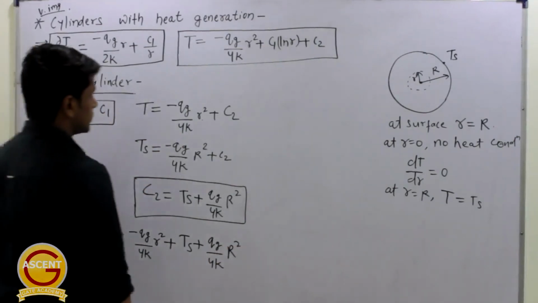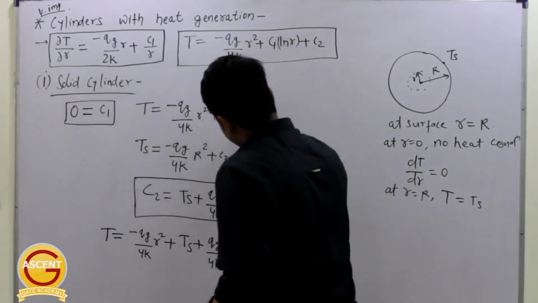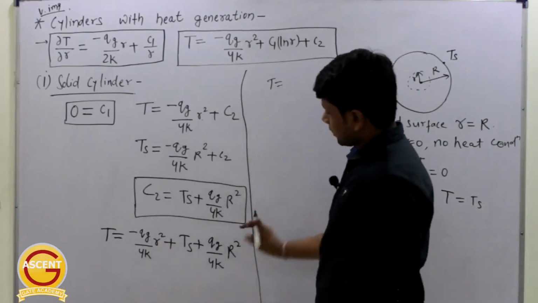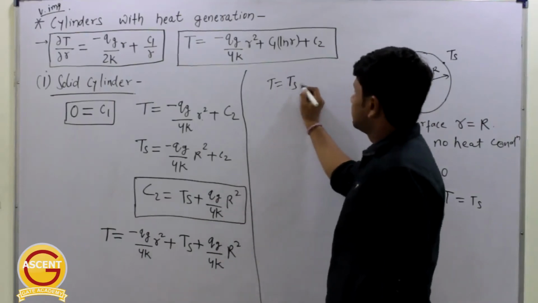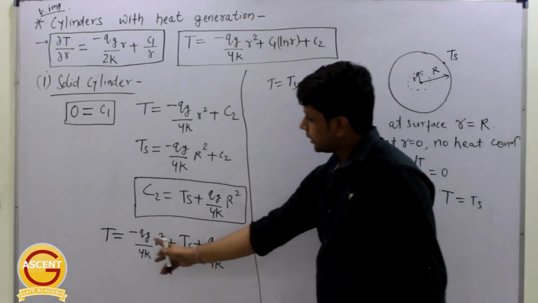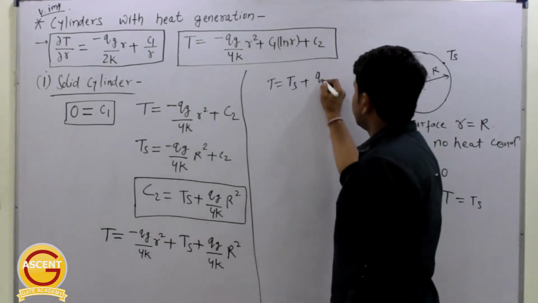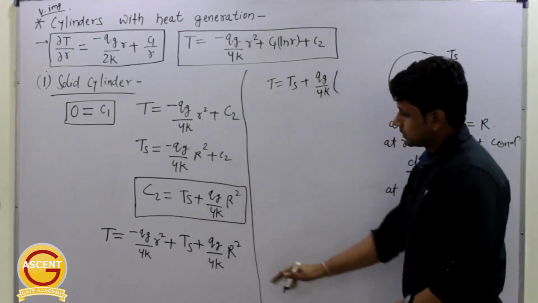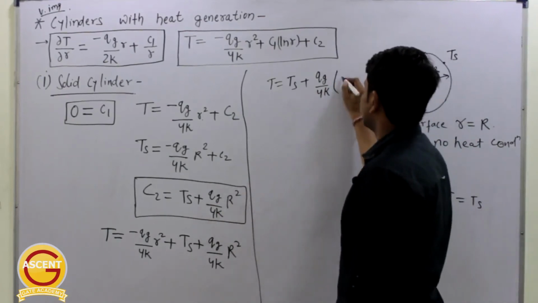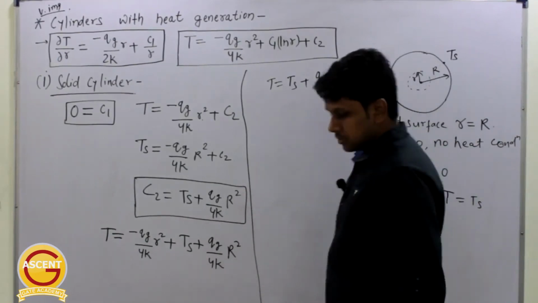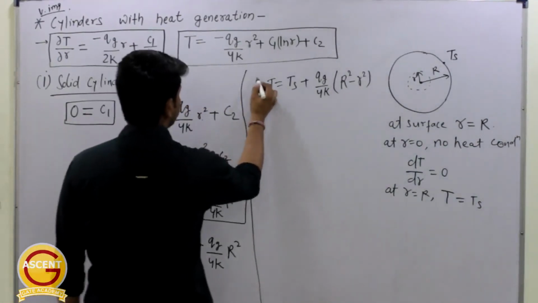So rearrange this equation, what do we get? We will get T equal to Ts plus, Qg by 4K can be taken common, multiplied by capital R square minus small r square. Okay, so this is the temperature profile.